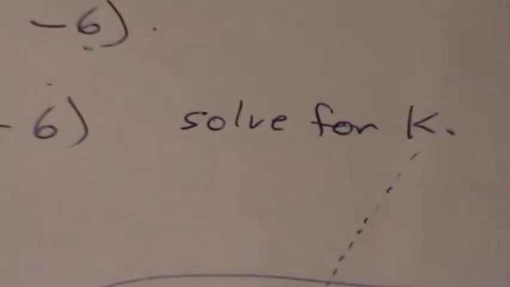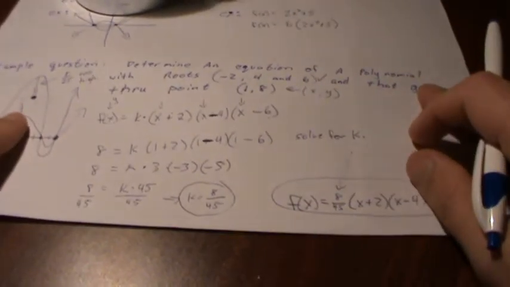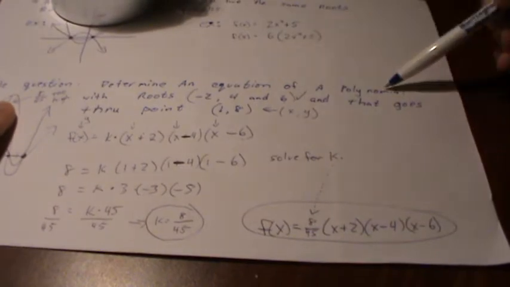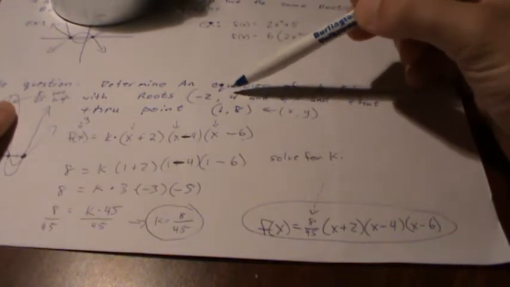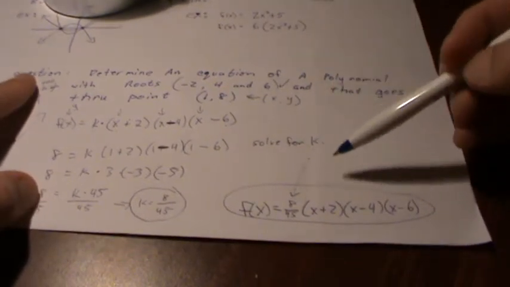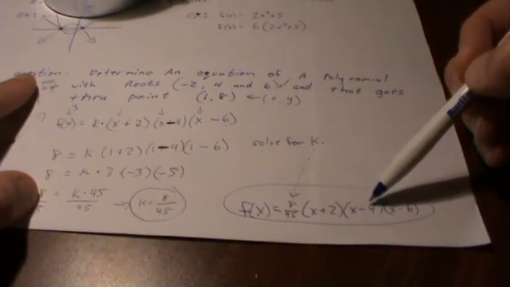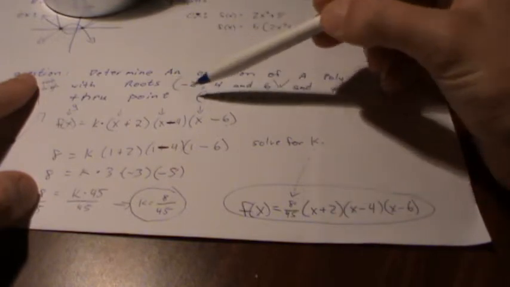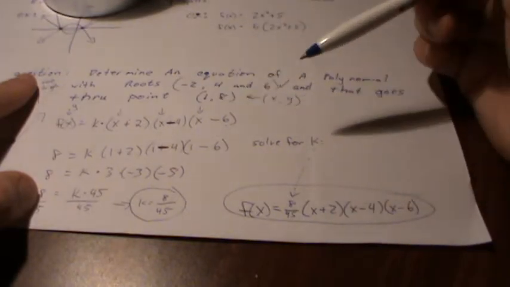So let's zoom back out again. So I needed to determine an equation of a polynomial that goes through -2, 4, and 6. So this polynomial does go through -2, 4, and 6 because it has those roots. But then I needed to also make sure that it goes through 1, 8.